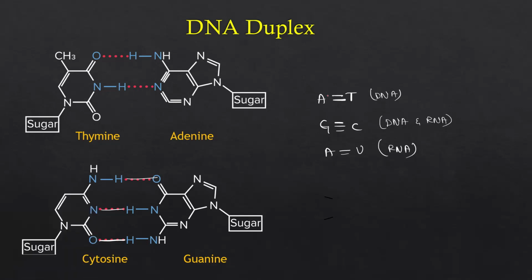On my left, I have purines, on my right, I have pyrimidines. They are bound by either a double bond or a triple bond. And remember, adenine always pairs with thymine and guanine pairs with cytosine. And adenine in RNA pairs only with uracil. The bonds present between them are hydrogen bonds. Is that clear? Any doubts? Yes.